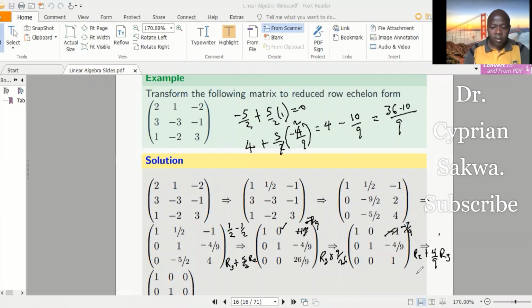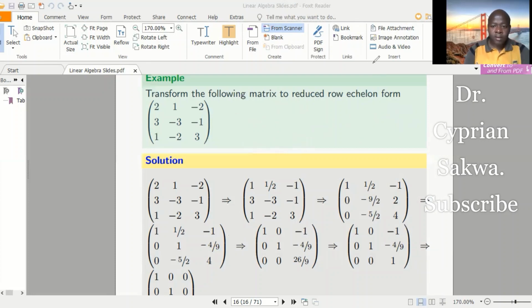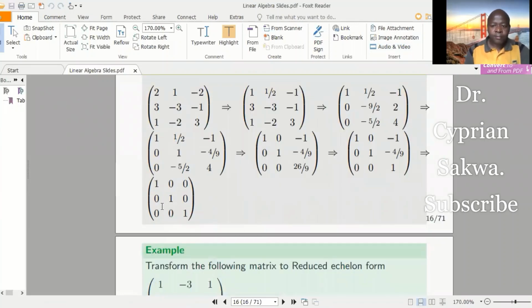And then row 1 plus 7 over 9 of row 3. So that will give me a 0 here and another 0 here. So that our final matrix in reduced echelon form would be this. That would be the first final matrix that we say is in a reduced row echelon form.